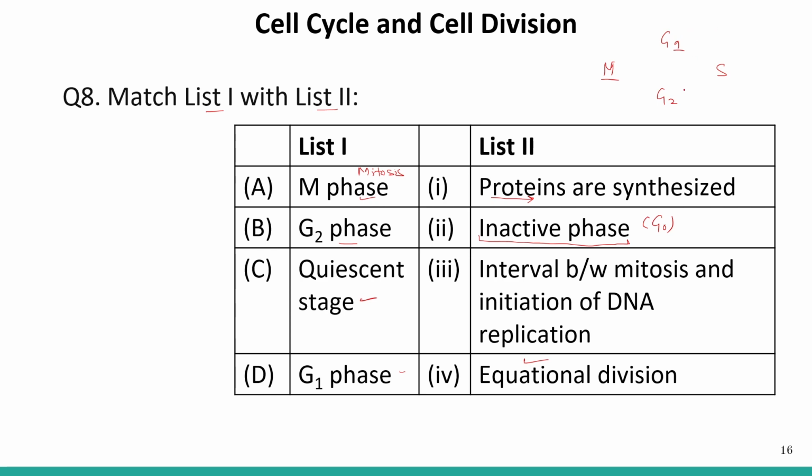So in G2 phase, they are saying protein synthesis takes place, and the cell is preparing for the cell division. The final preparation of cell division is going on here. During S, DNA synthesis or DNA replication takes place. In G1 again, cell growth is taking place.